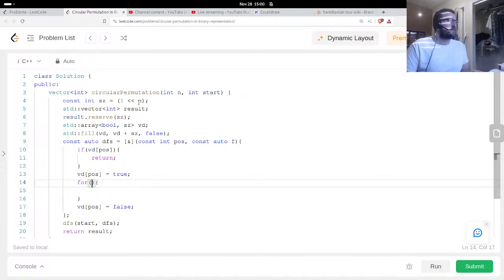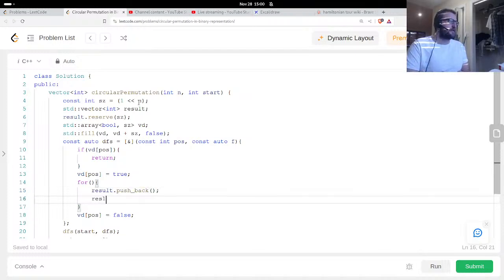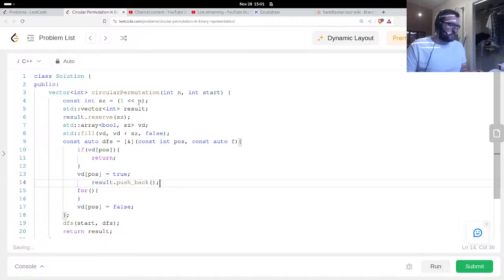I'm going to do a loop for each bit. So what I'm going to do is result.push_back and then result.pop_back. Yeah, that's the idea. So something like the following.